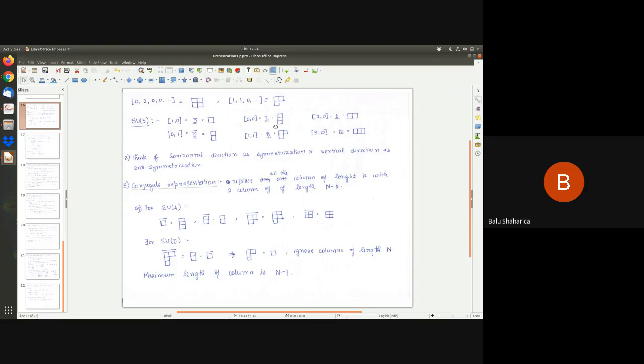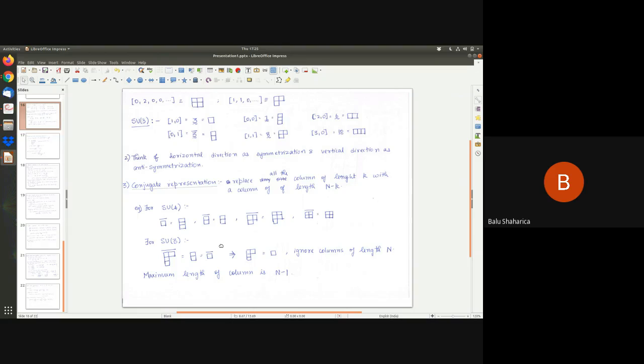Yeah, because if you said no rows, no columns, it should be an empty thing. Yes, sir. For singlet, you won't have any Young diagram. I've given an example of why it disappears.